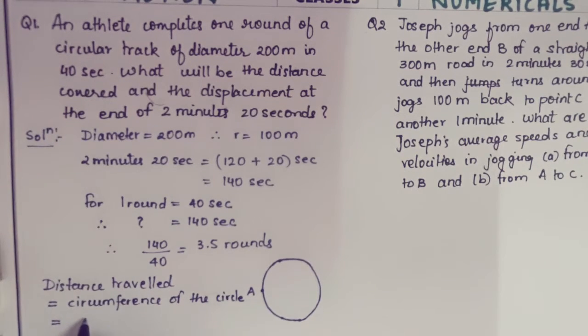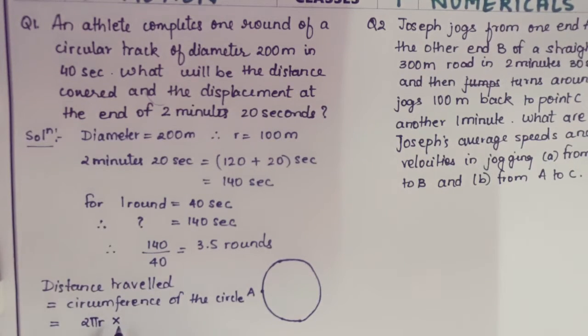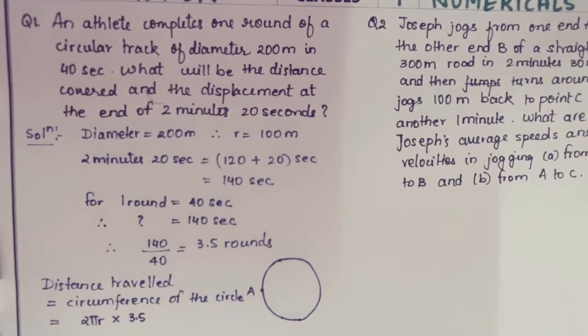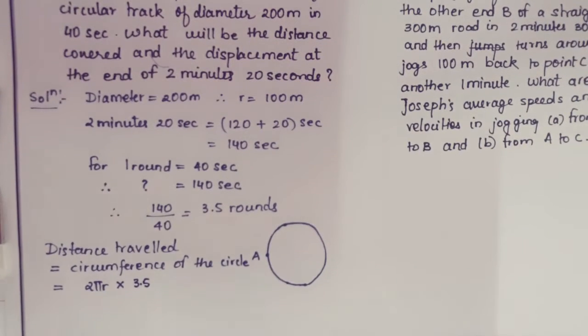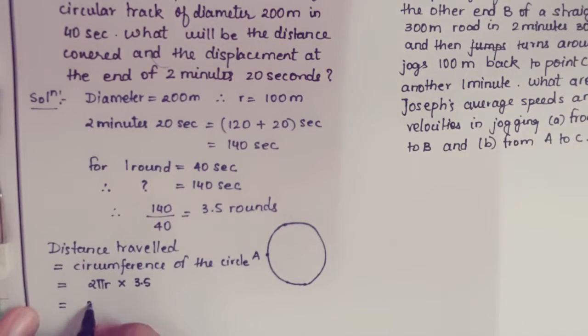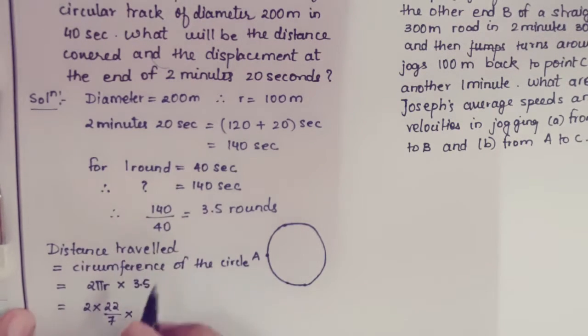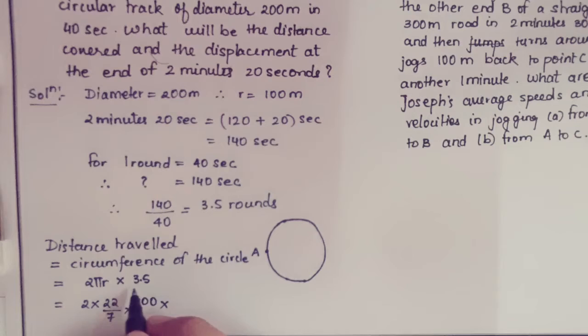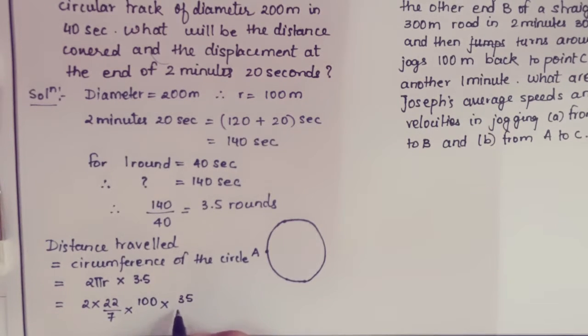We know the circumference of a circle is 2 pi r. And how many rounds has the athlete covered? 3.5. Getting it? Fine. So we'll quickly calculate this and it will come out to be 2 into 22 by 7, and radius we have calculated as 100, and 35 we know it will get cancelled by 7, so I'm going to remove the decimal point and write down 35 upon 10, so the calculation will be easier for us.